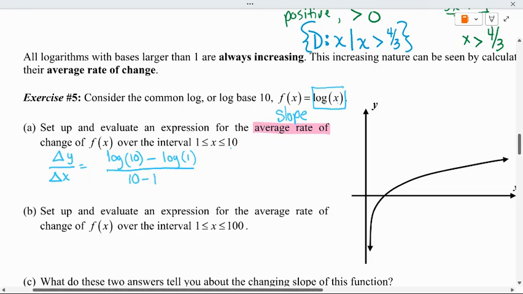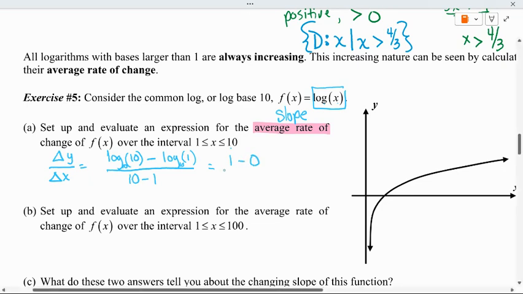So remember that this is a common log. So this is no different than saying base 10, because remember, we don't write it as base 10, but it's really there. 10 to what power equals 10? 10 to the first power. So log 10 is the same thing as 1. 10 to what power equals 1? 0.